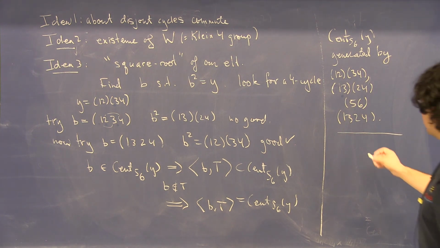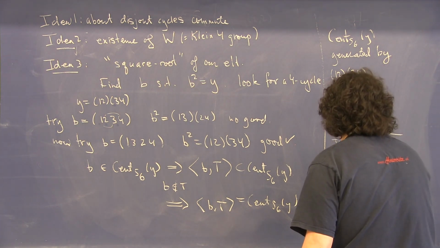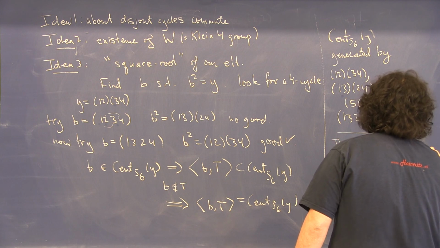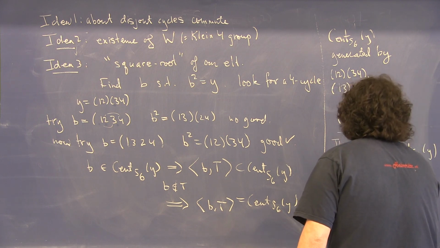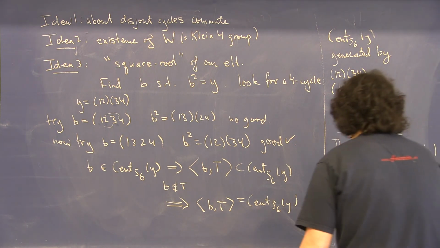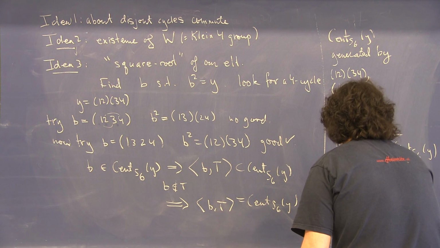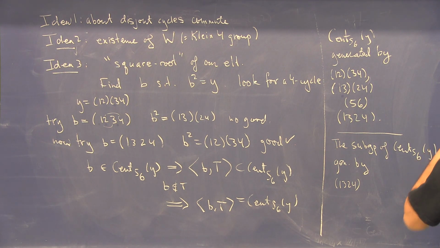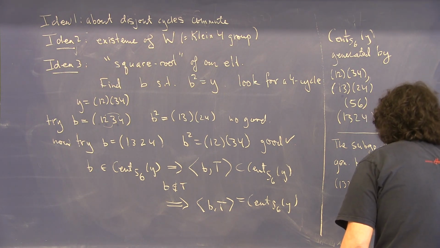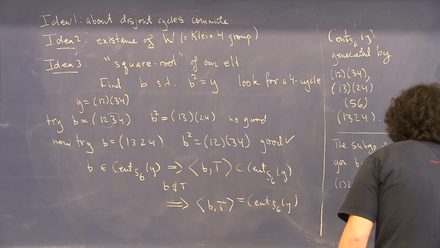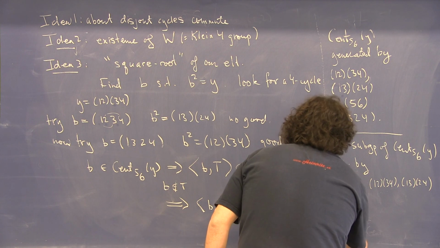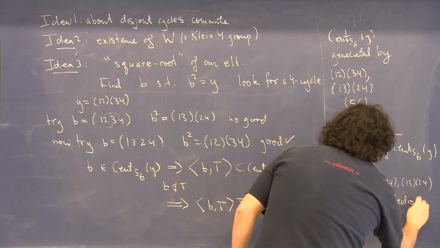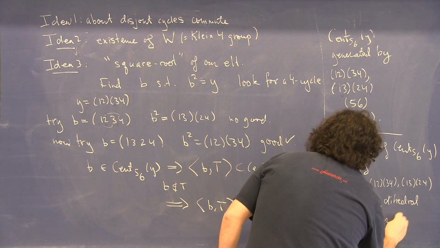To do that, let me just note that if you look at the subgroup of the centralizer in S6 of y generated by, if I leave out this (5 6) that's disjoint, and I just look at the one generated by this 4-cycle and (1 2)(3 4) and (1 3)(2 4), this is isomorphic to D8, dihedral of order 8.